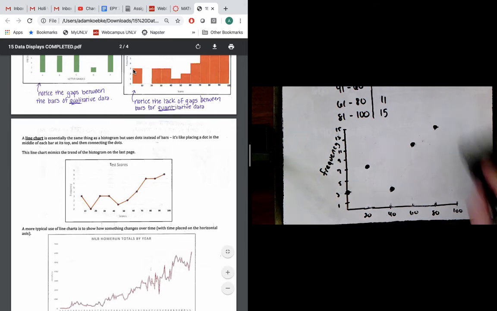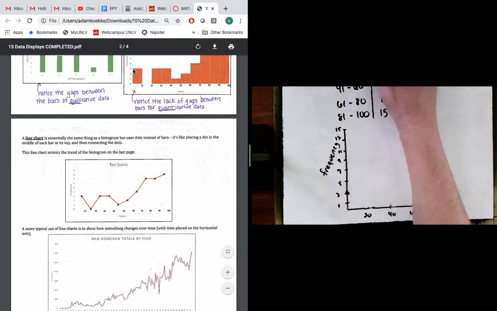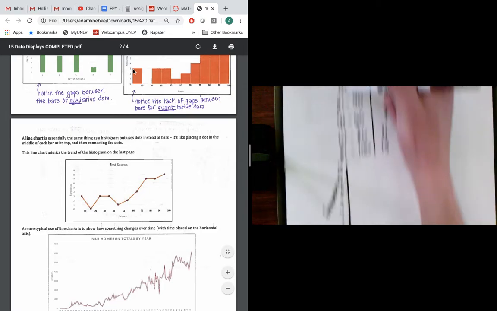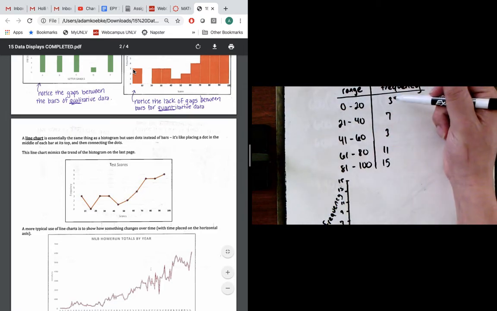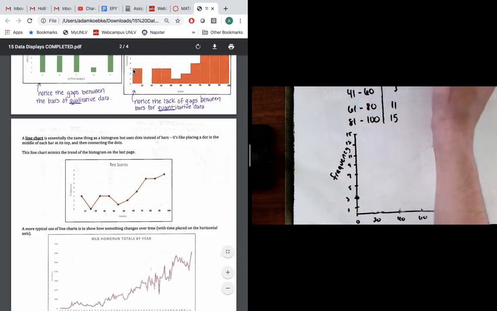Again, if you want to do this from scratch without the bars, what you would do is look at the left value of your range, and then look at this as your vertical value. So at 0, remember that down here, this is the score of 0. At 0, I should have a frequency of 3.